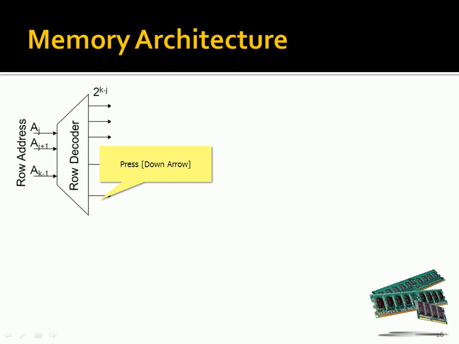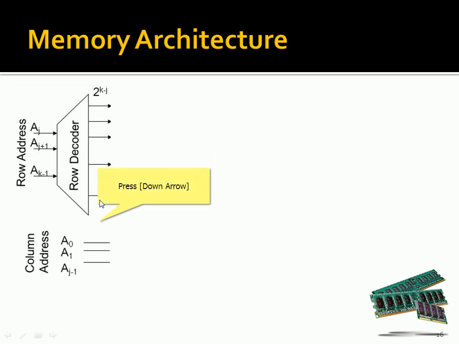The row address is fed into a decoder, such as a 3 to 8 decoder, 2 to 4 decoder, 4 to 16 decoder, 5 to 32 decoder, and so on. There is a decoder with 2 power (k minus j) outputs. Similarly for the column address, A0, A1.